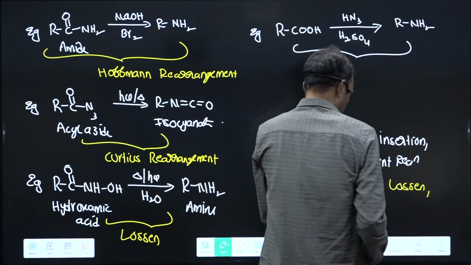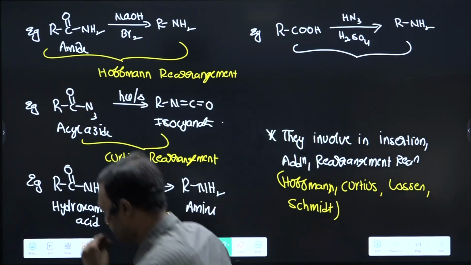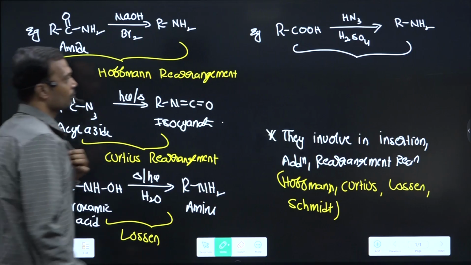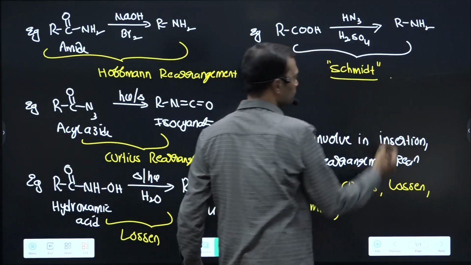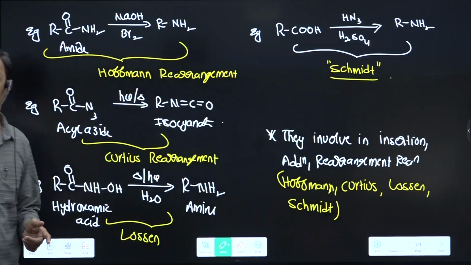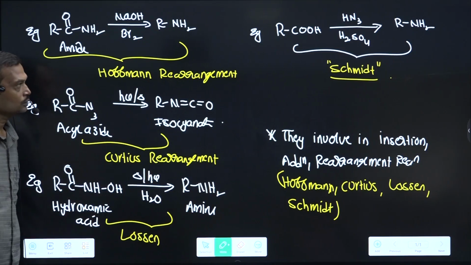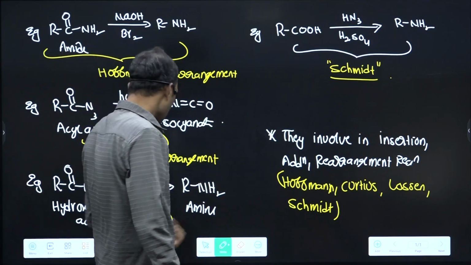This is called Schmidt rearrangement, not Schmidt reaction. Schmidt reaction is also there, but it is different. You need to know what the starting material is in that reaction. Schmidt rearrangement and Lossen rearrangement.